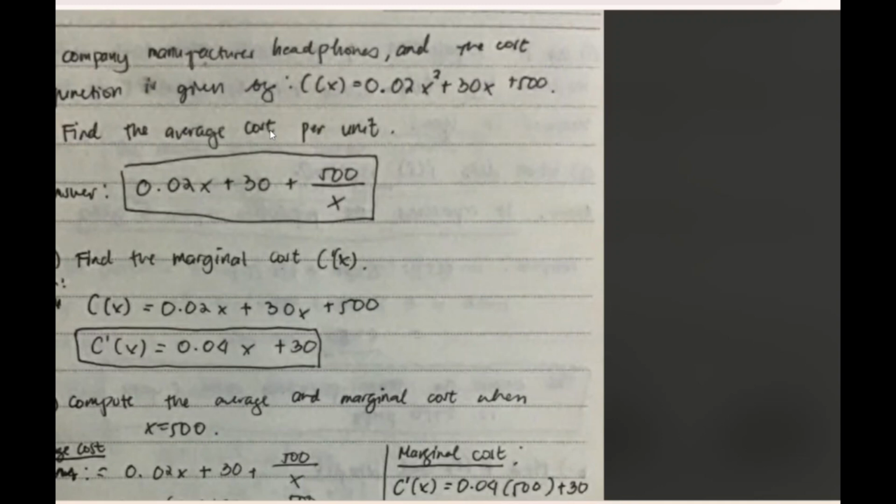To find the average cost per unit, we simply divide this given function by x. So 0.02x squared divided by x is simply 0.02x, and 30x divided by x is 30, and 500 divided by x is just 500 over x.